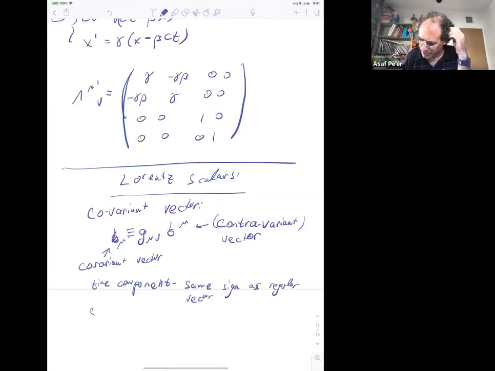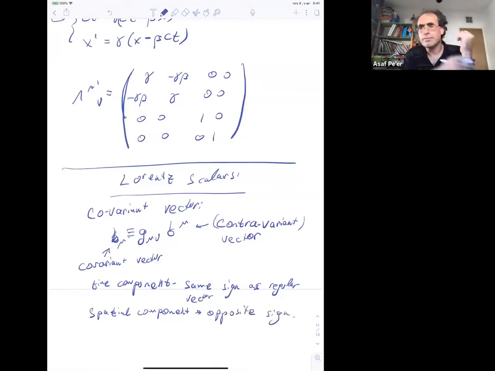And the spatial components have the opposite sign. Told you it's not the same.